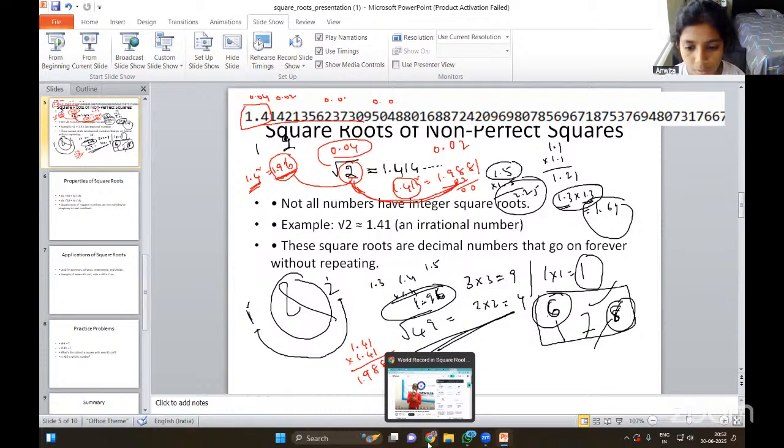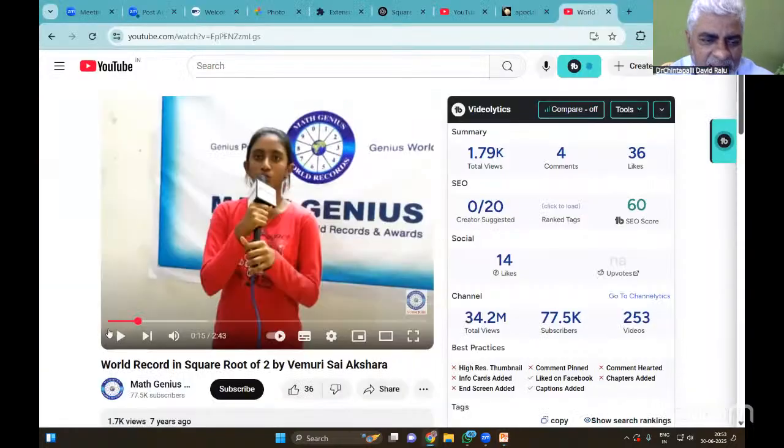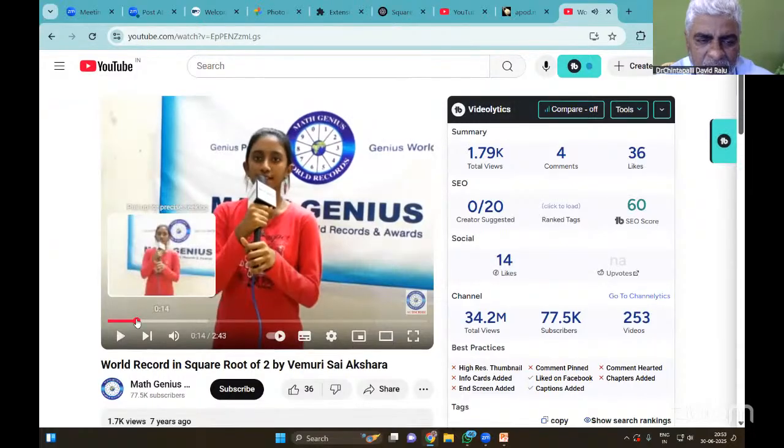The square root of 2 is equal to 1.41, 1.414, 21, 3, 5, 6. Good, good. Excellent. See, 2135, just listen.